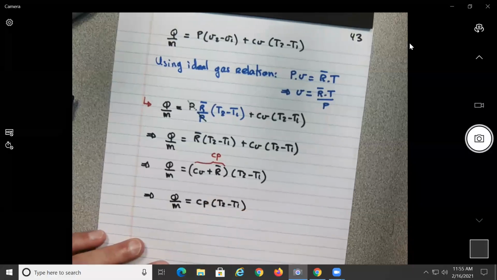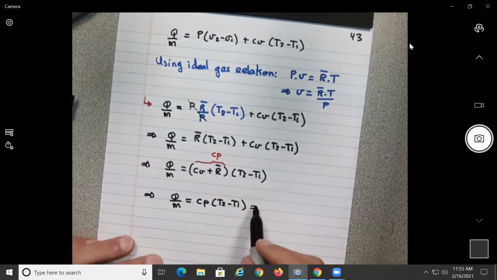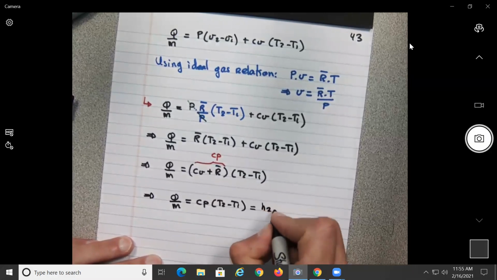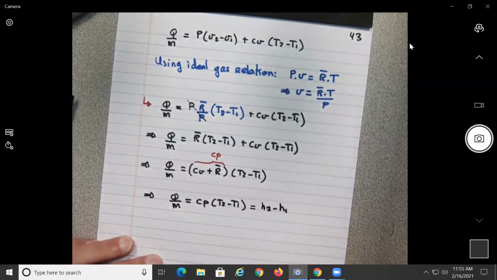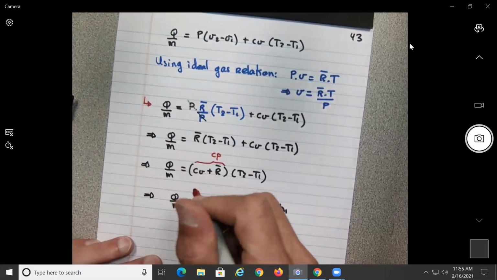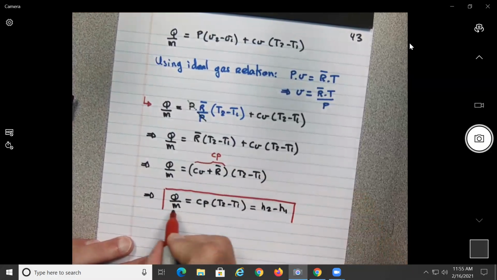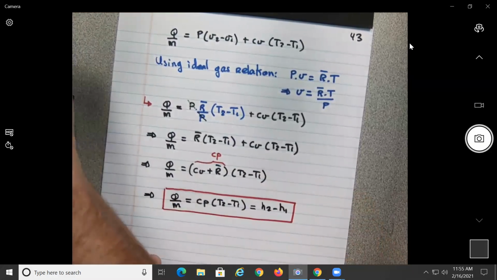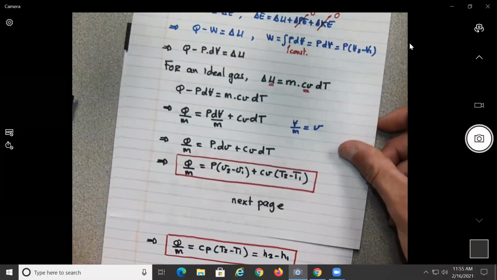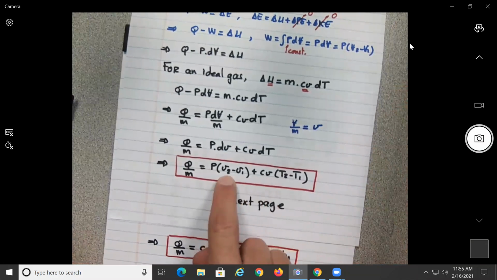And really this should be proportional to what? If you look at the first page, to the enthalpy, but which should be the enthalpy per unit mass, no? Which is the specific enthalpy, that should be little h2 minus little h1. Okay, so basically in this case, you can solve this problem using the Cv, but if you use the Cv, then you need to take into consideration the work done by the pressure.